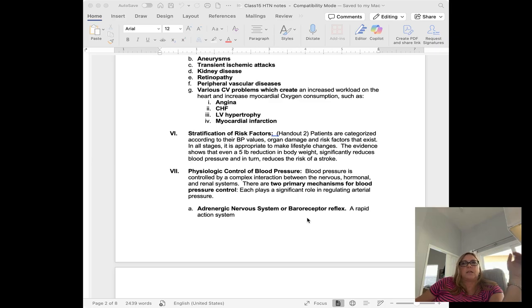So in all stages, what we are going to do is definitely consider lifestyle changes first. So that would be low sodium diet, low cholesterol diet, regular exercise. We're going to tell them to do 150 minutes a week of exercise, and also weight loss. Studies usually show that a 5-pound reduction in body weight significantly reduces blood pressure, and in turn can reduce the risk of stroke.